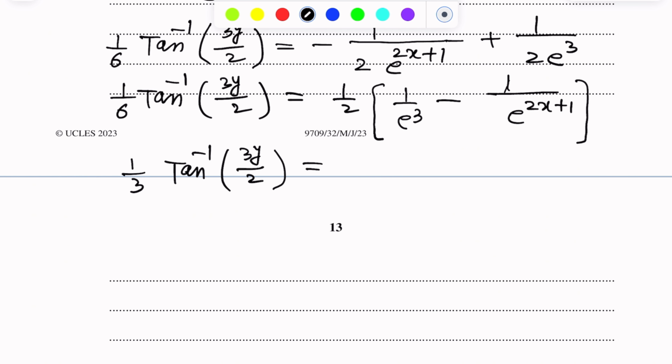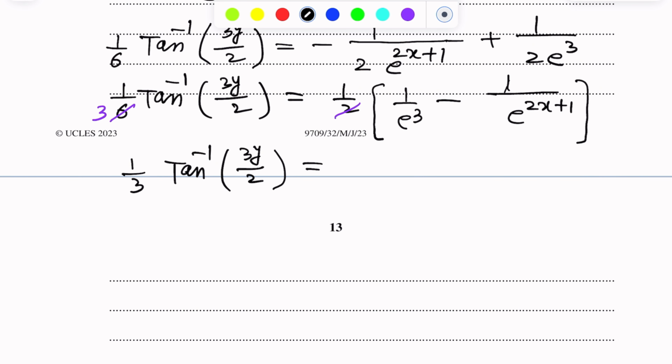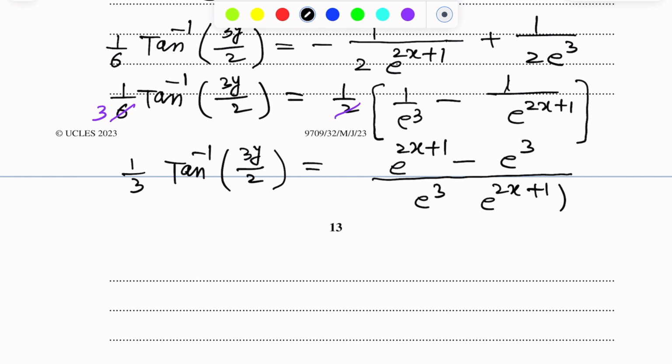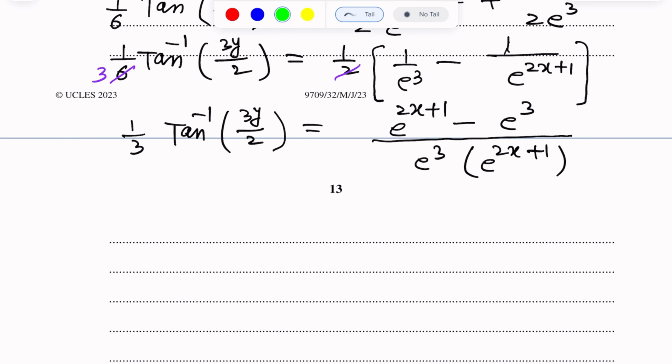By taking the LCM of these two fractions, we can write the right hand side as e power 2x plus 1 minus e3 over e3 into e power 2x plus 1. Now by the cross multiplying process, 3 will be multiplied by these two terms.